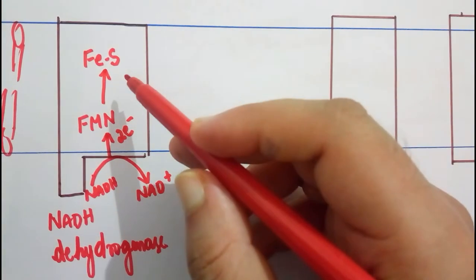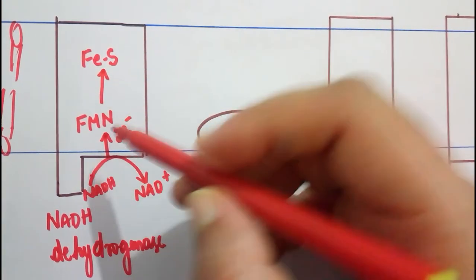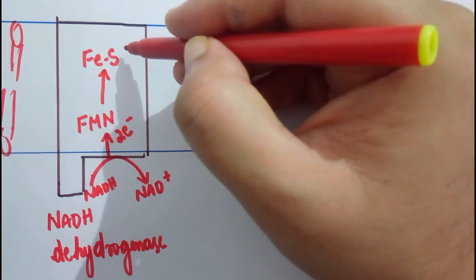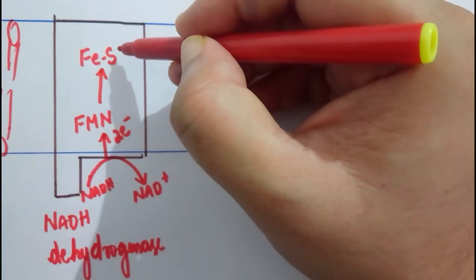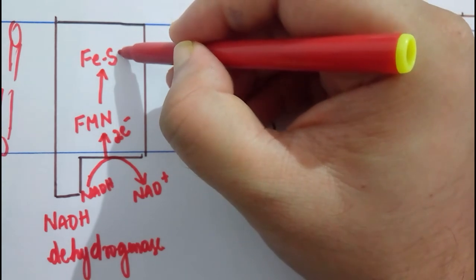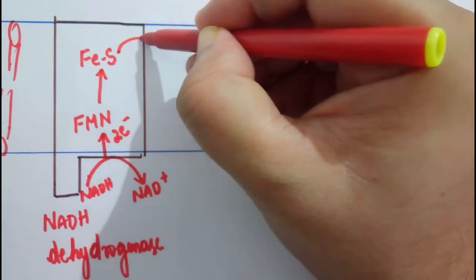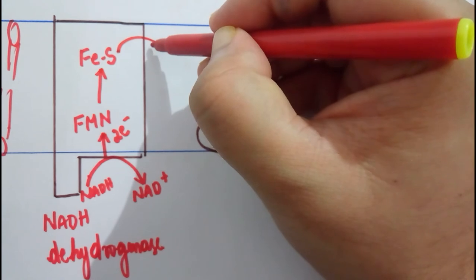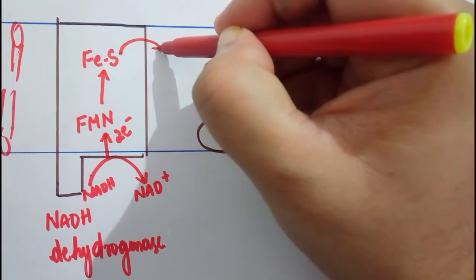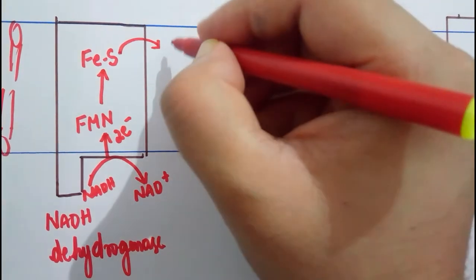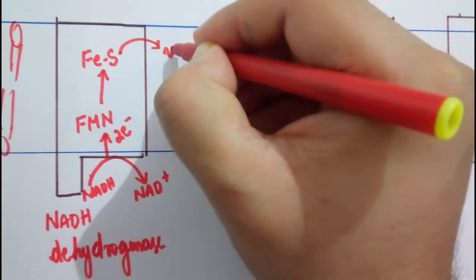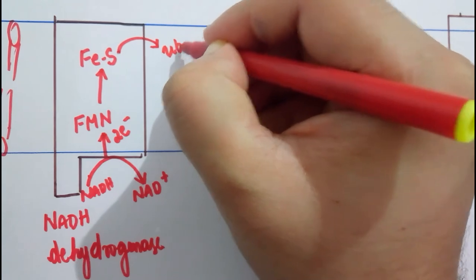Now this order is very important. From the iron sulfur center, the electrons are given to a small hydrophobic molecule called ubiquinone.